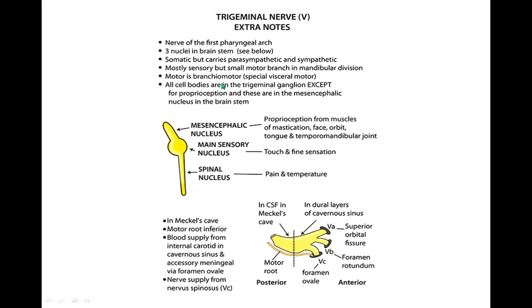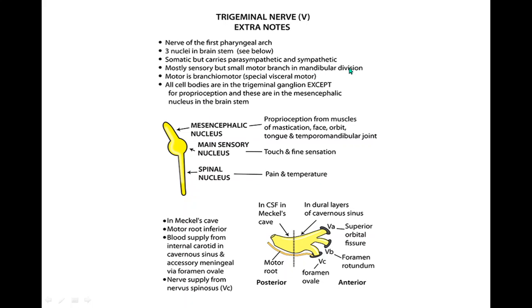One more point I said is the special visceral motor, or special visceral efferent, component. Why is it called special? Because the motor fibers supply the structures which develop from the first branchial arch, or the first pharyngeal arch, that is the mandibular nerve. So it is mostly sensory, but there is a small motor branch in the mandibular nerve.